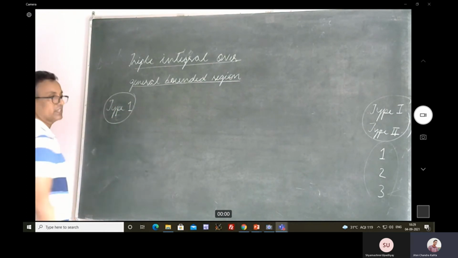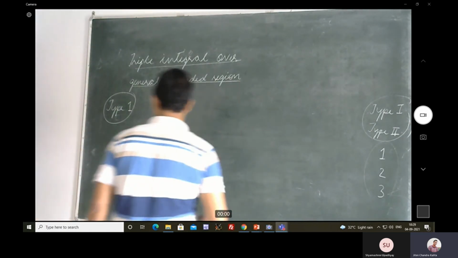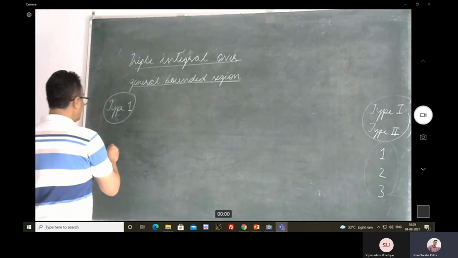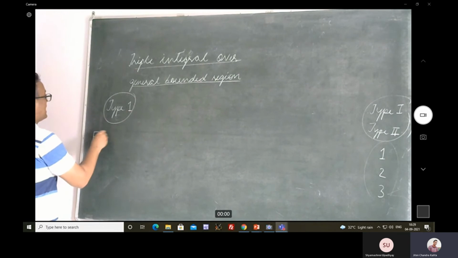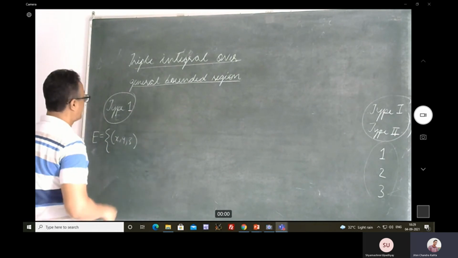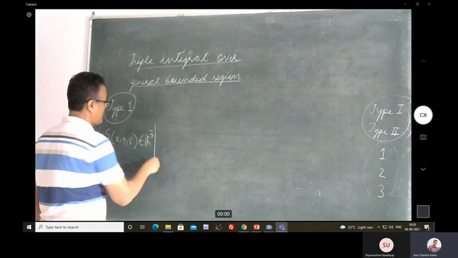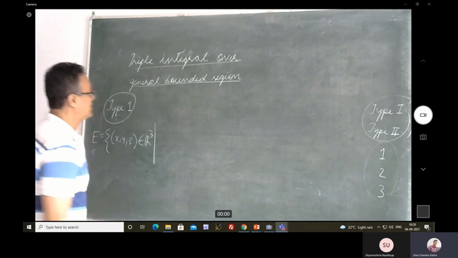So let us first deal with type 1 region. A type 1 region E, I describe as a set of points lying in R3. In most books, they are not going to write it like this.